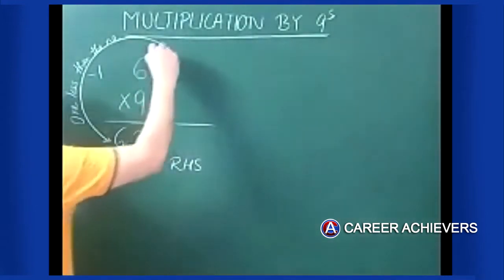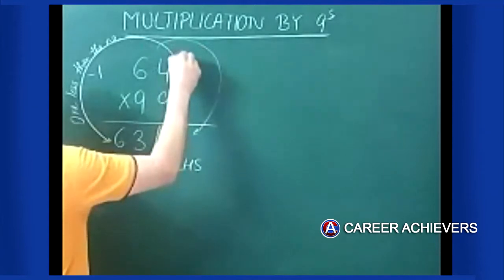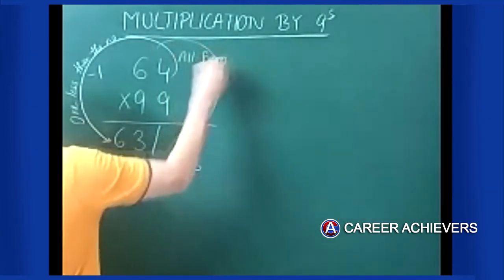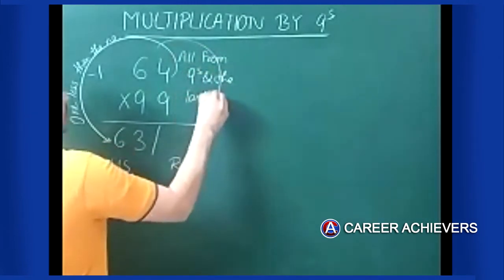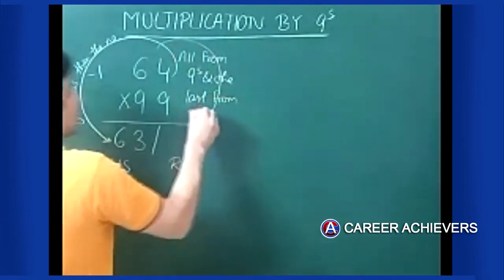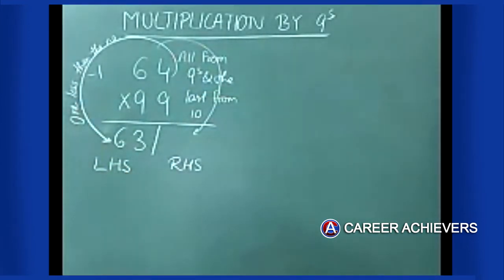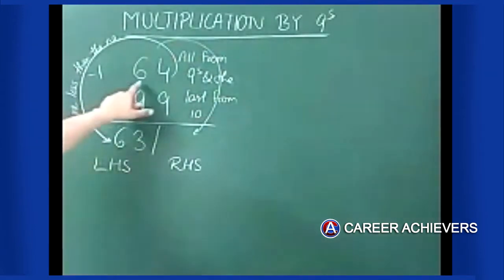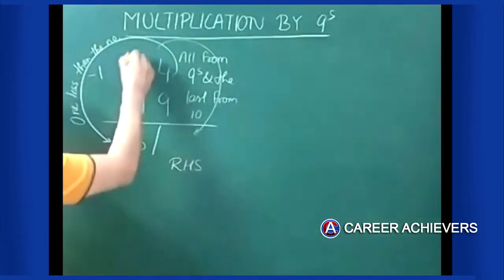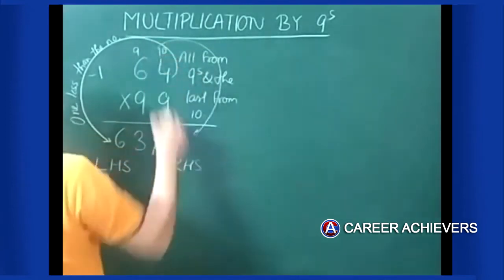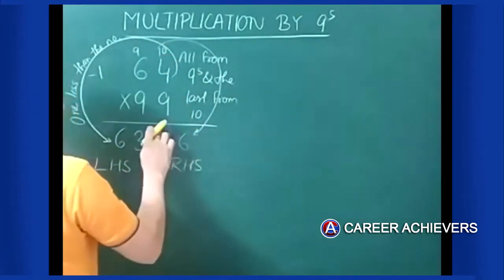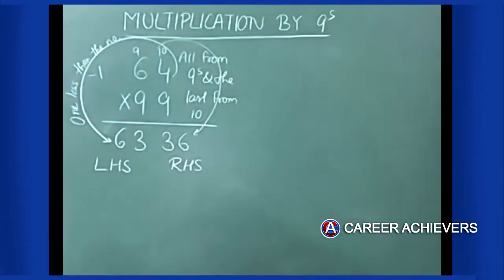For RHS, we apply all from nines and the last from 10. This simply means I have to subtract all the digits from 9 and the last digit, that is the units digit, has to be subtracted from 10. So 9 minus 6 is 3, and 10 minus 4 is 6. So the answer is 6336.